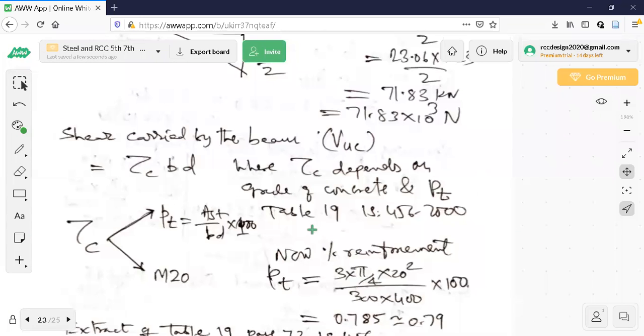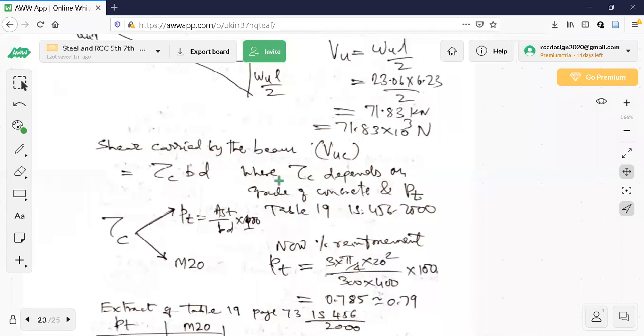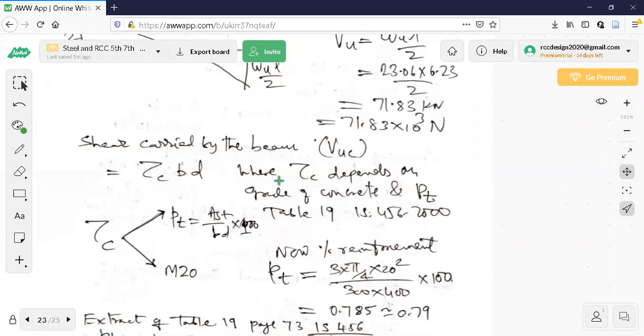Now, how to decide? As I told you, shear strength or shear capacity is the sum of shear resisted by the concrete, shear resisted by the stirrups, and shear resisted by the bent up bars. Here, I am not proposing bent up bars.